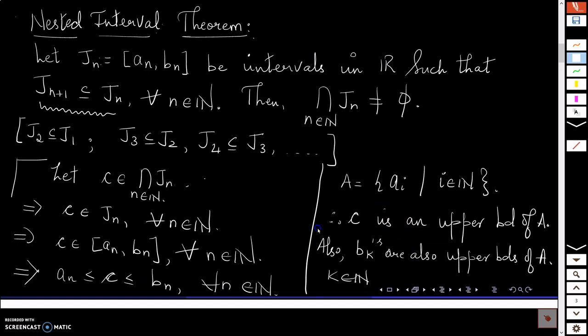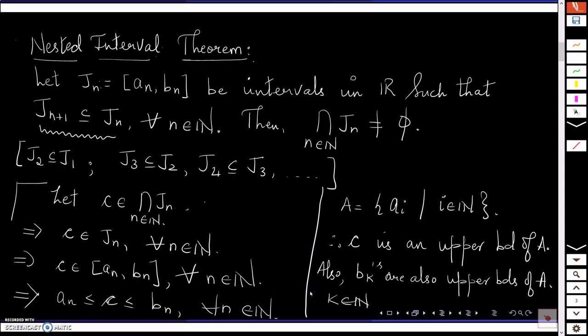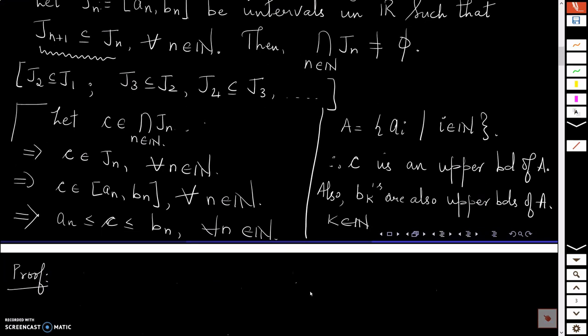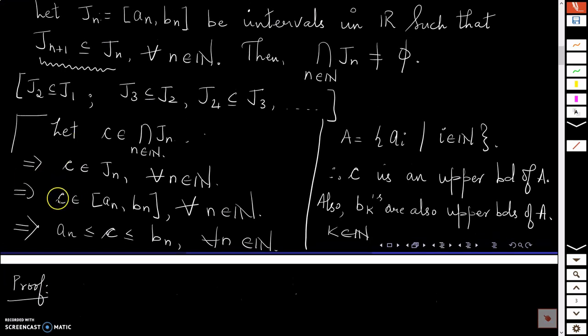All right. So let's prove the result formally now. This was just a rough idea, a rough sketch of the proof. Okay. So before starting with the proof, I will just jot down what is given to us about the J's, the hypothesis of the theorem.